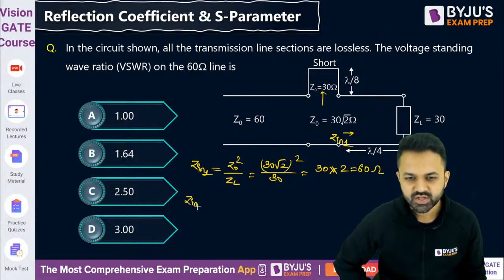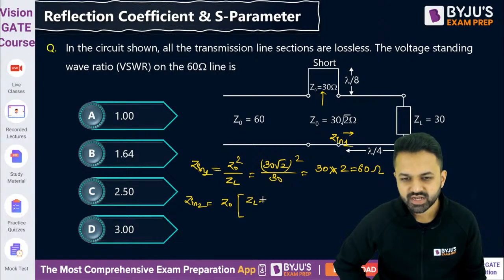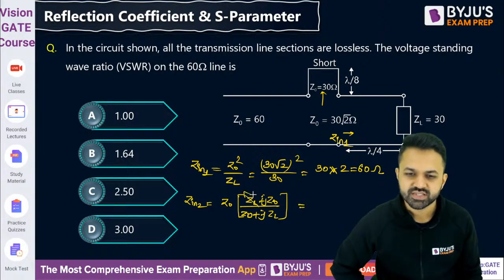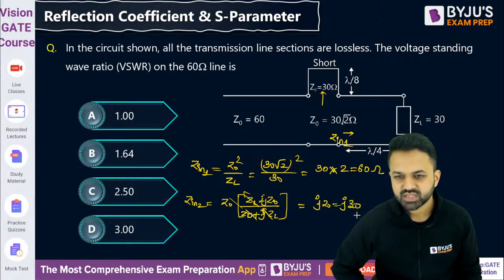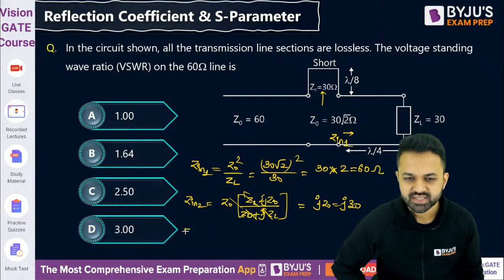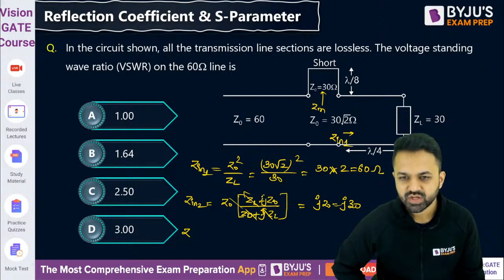So this is Zin2 because it is lambda by 8. So this is Z0 times ZL plus jZ0 divided by Z0 plus jZL. Since it is short circuited, the load is 0, Z0 will get cancelled. We will get jZ0, which is j30. These two are in series, so this is Zin2 and Zin1.